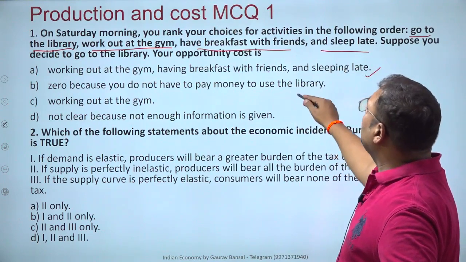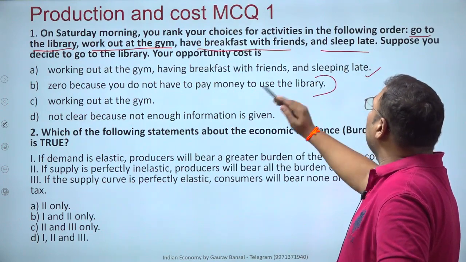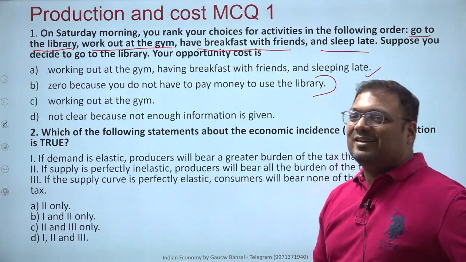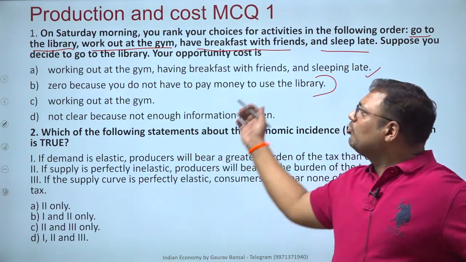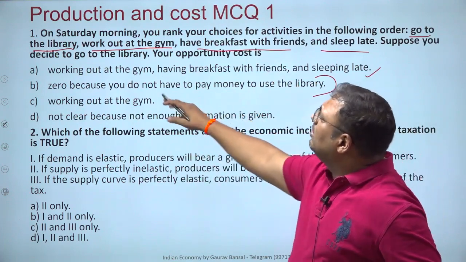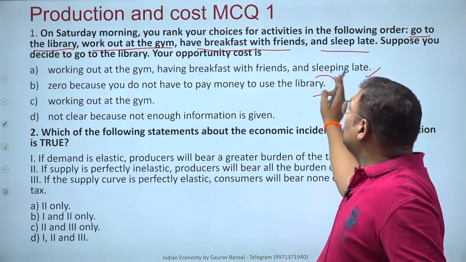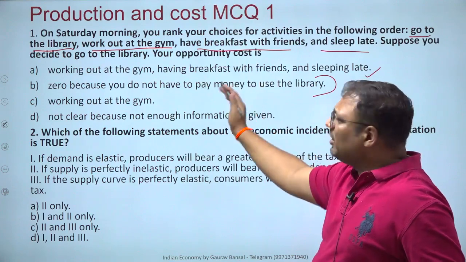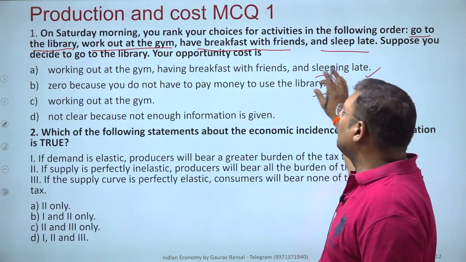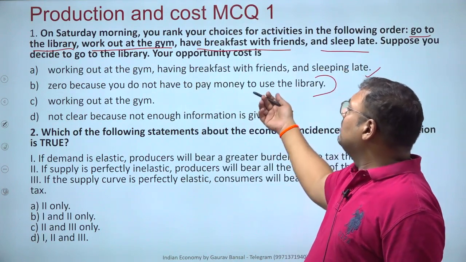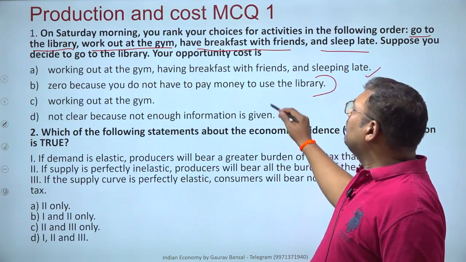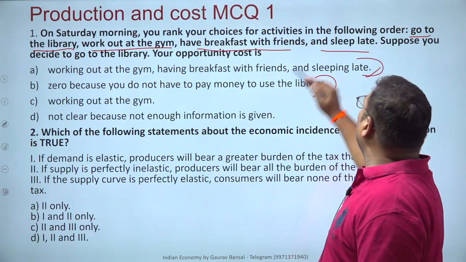0, because you do not have to pay money to use the library. We have to pay for the library, but that is actual cost. Opportunity cost here is still, in that sense, opportunity cost for library is 0. A is the answer here because I'm missing out on all 3.